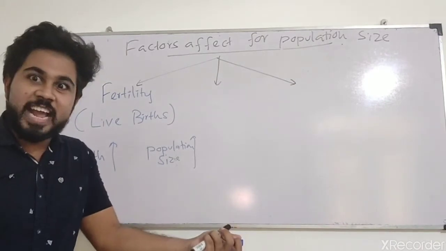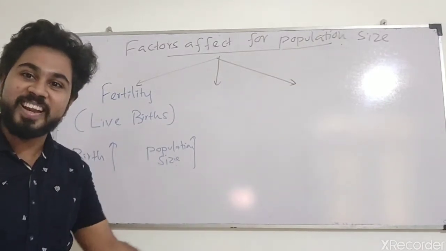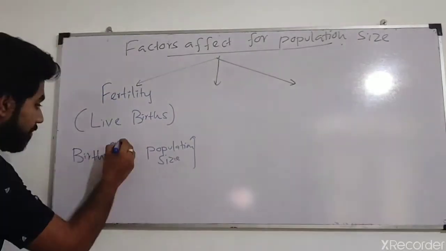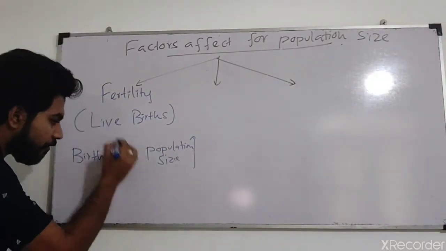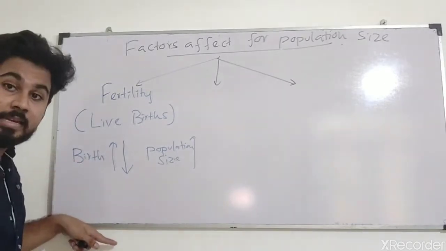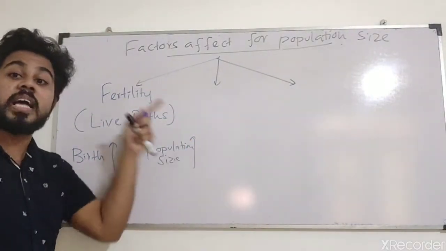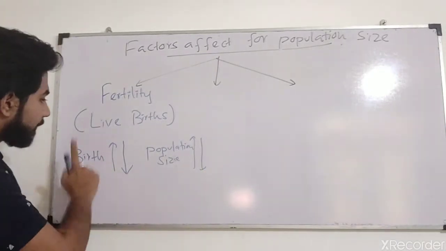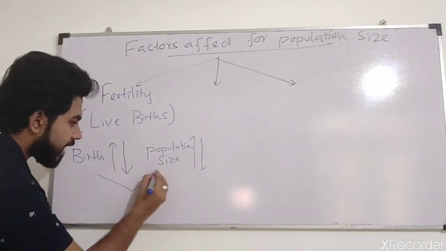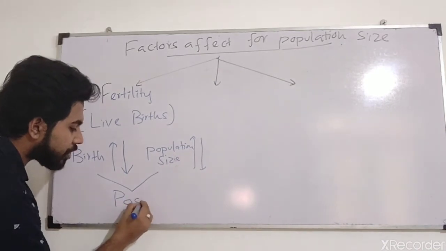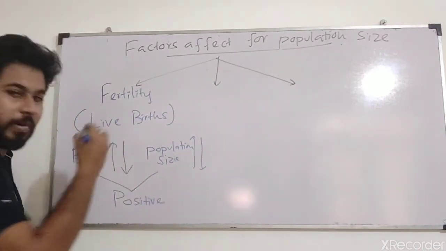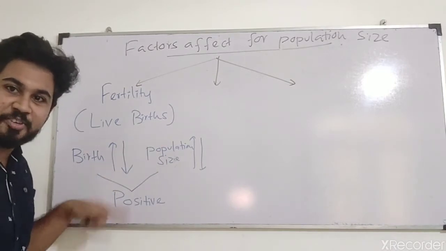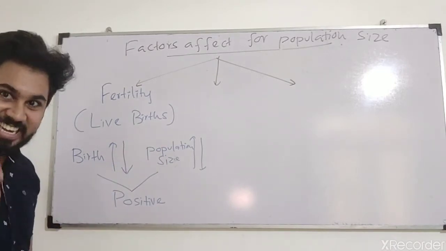If we can generate more and more babies in a country, definitely we can increase the population size. And simultaneously, if the number of live births decreases, what will happen? The population size also will go down. That means birth and population size have a positive relationship. If births increase, population increases. If births decrease, population decreases. Clear?